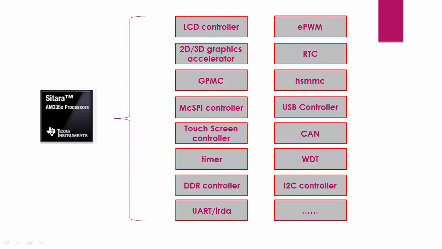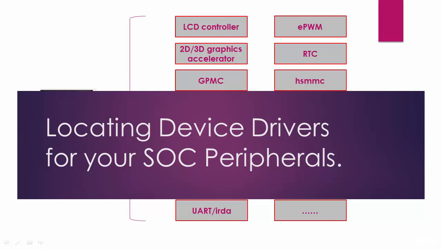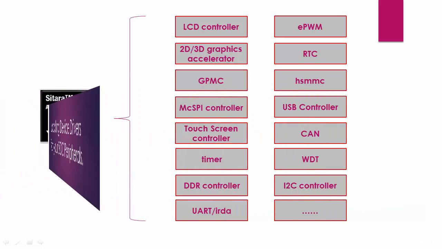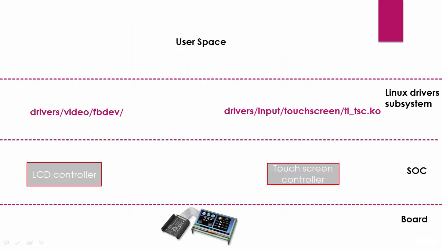So now let's explore some of the paths of Linux device drivers for various peripherals of this SoC. Let's say the driver for the LCD controller and touchscreen controller for this SoC you can find at this path, so you can make use of these drivers to interface various LCDs, which also have touch screens.